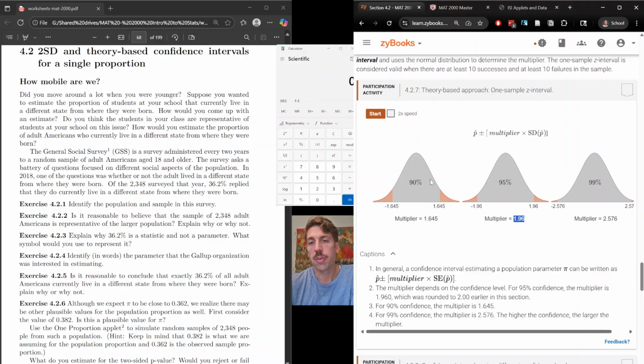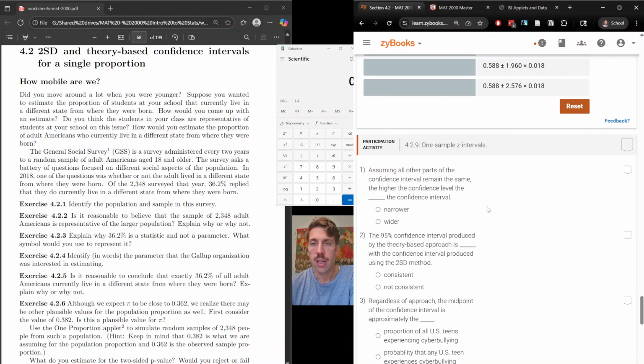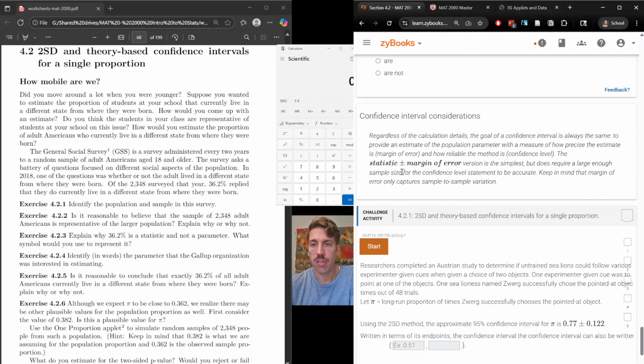But if you want 90% confidence, you're talking 1.645. For 99% confidence, you're talking 2.576. So the multiplier can be different based on what sort of confidence you're going for. Just remember that for confidence intervals, it's statistic plus or minus margin of error.